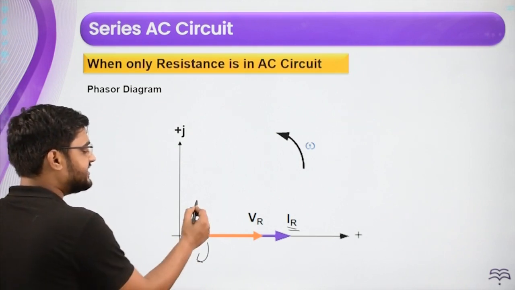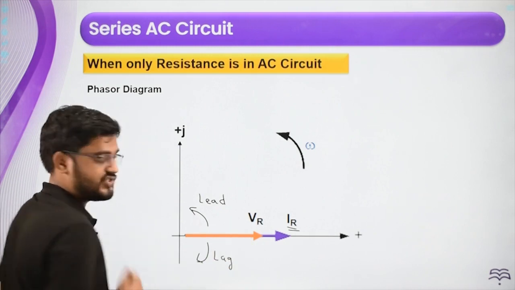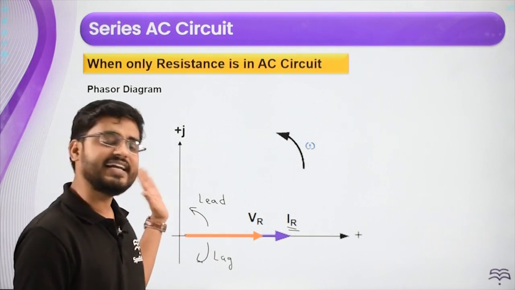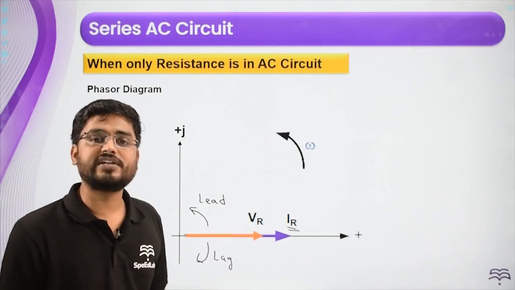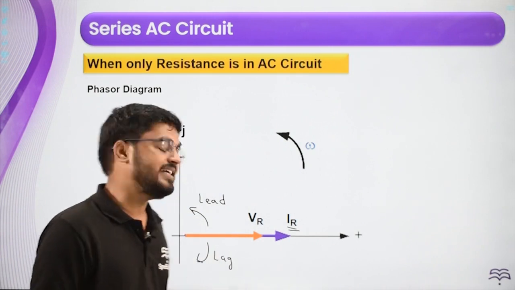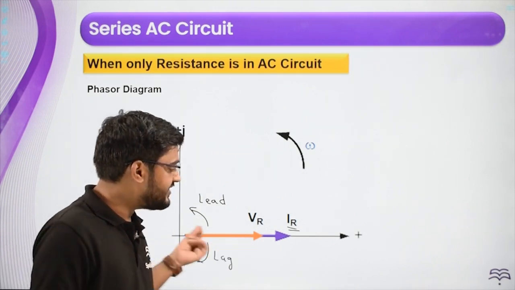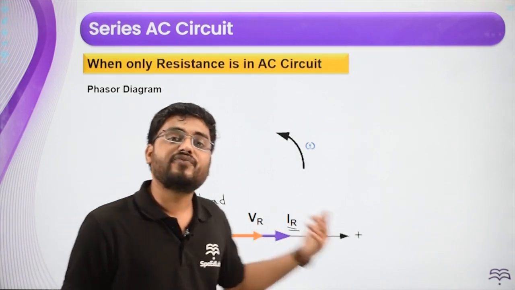This side is lead and this side is lag for voltage, okay? So here voltage doesn't lead and doesn't lag. It is in the same phase. That's why we are drawing our voltage also here only. So in the case of a pure resistive circuit, the voltage is drawn on the same axis as current. That means they are in phase, okay?